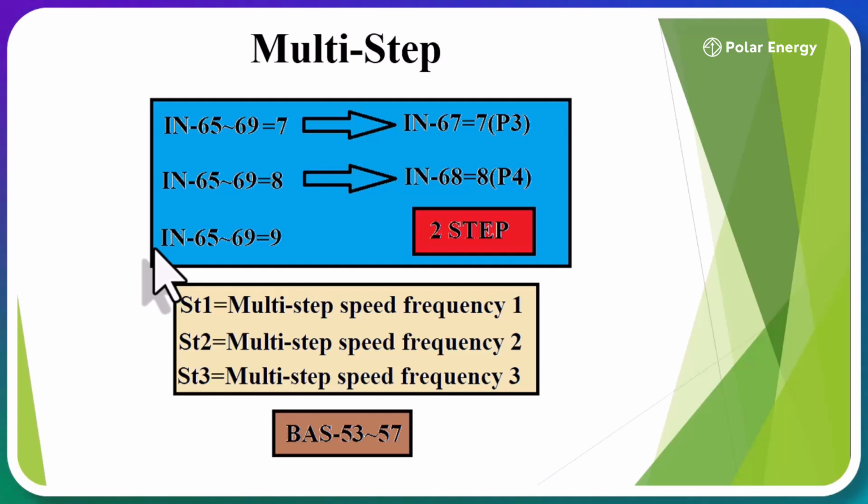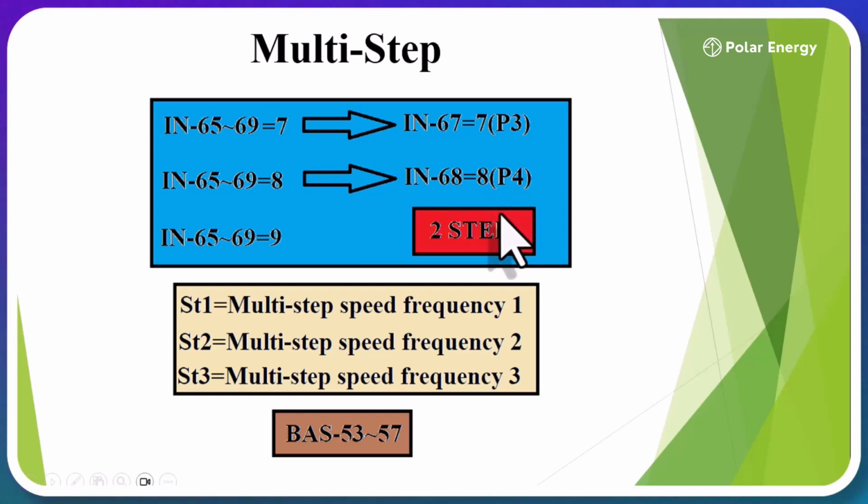But if we want one of our digital inputs to act as a multi-step, that is, to function as multi-step speed 1, we need to set the digital input we have in mind to value 7. For example, here I have selected P3, so I set I67 to 7, meaning my P3 is my first speed. I set I68 to 8 as my second speed, meaning digital input P4.